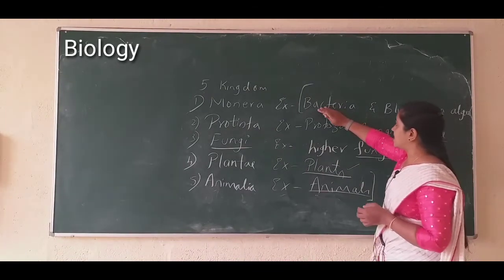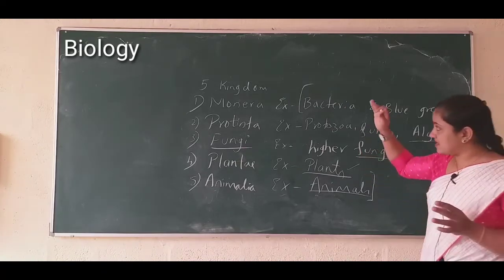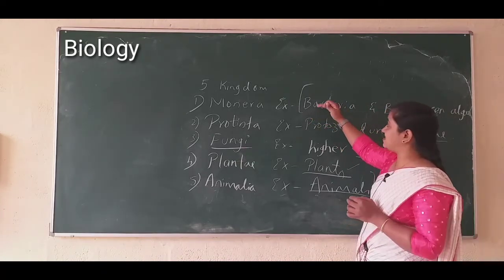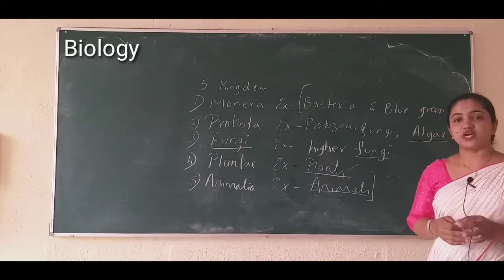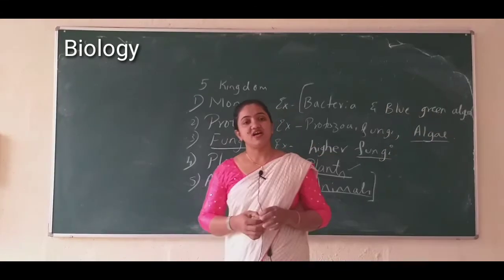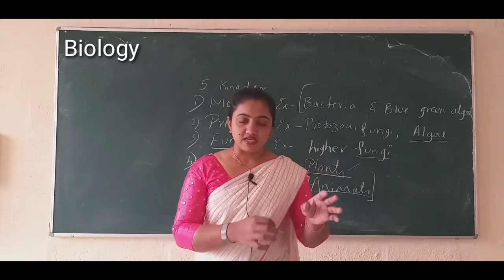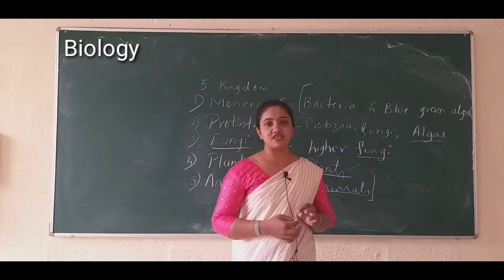Alright, so here coming to the bacteria, basically in the kingdom Monera, bacteria are classified into two types. One is archaea and then eubacteria. Archaebacteria are also known as ancient bacteria. They are available in deep sea water.